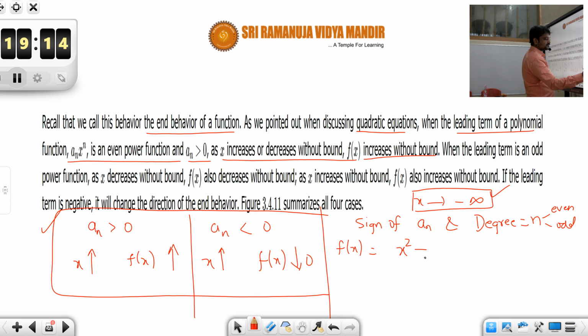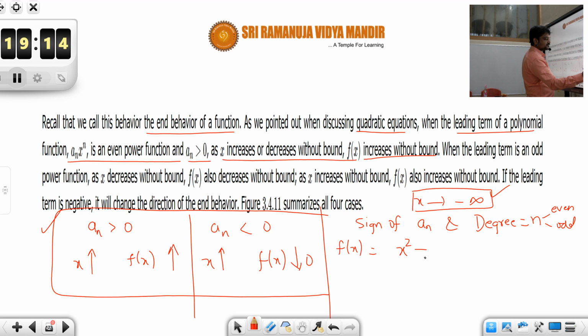Now see, in the first example the degree of the polynomial is even, whereas in the second example I have chosen the degree to be odd. Now let's analyze the end behavior as x tends to minus infinity.